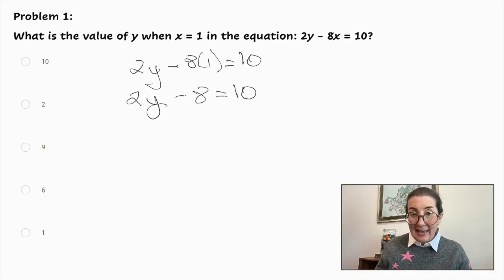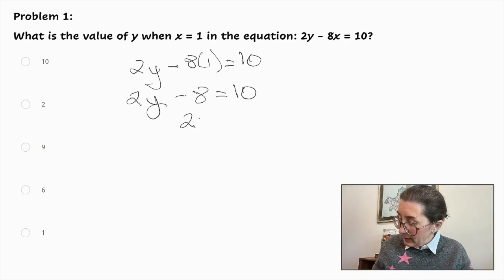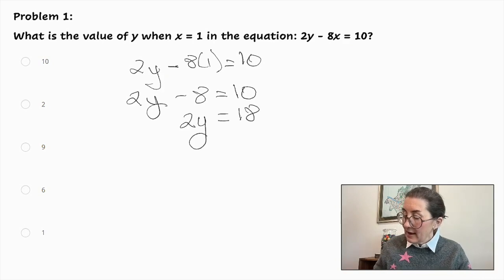So let's add 8 to each side. So we get 2y equals 18. And then divide each side by 2. And we get y equals 9.